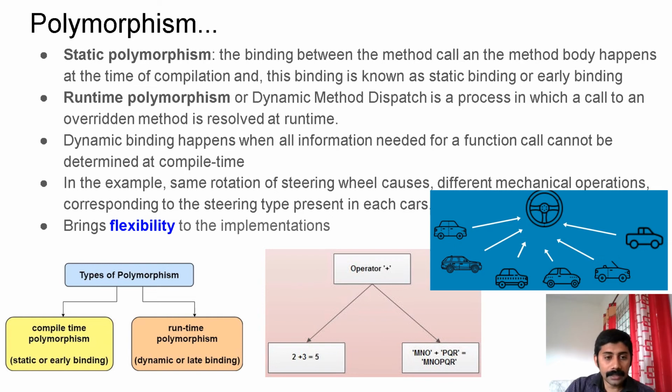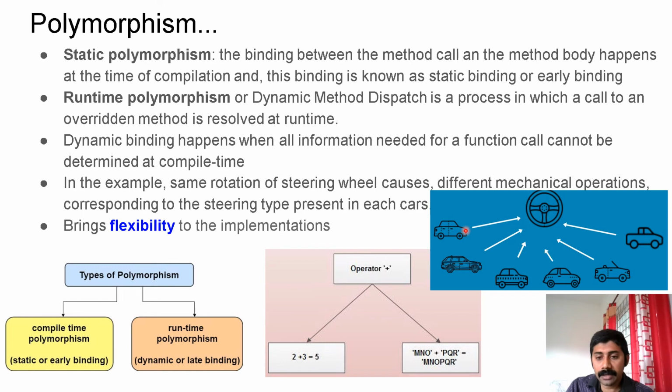Let us consider an example. Here there are different cars. In all these cars, one simple functionality to control the navigation is provided, that is the steering wheel. But internally how the steering logic is implemented varies from car to car.